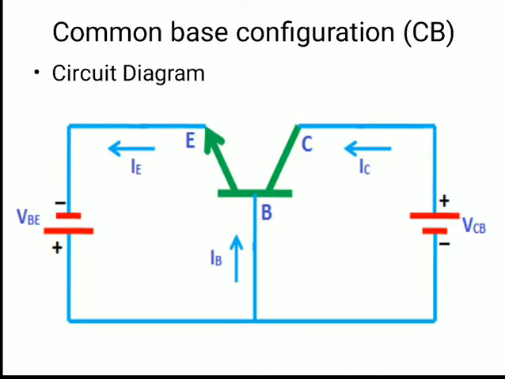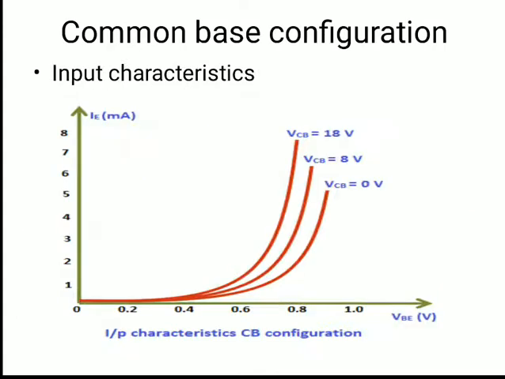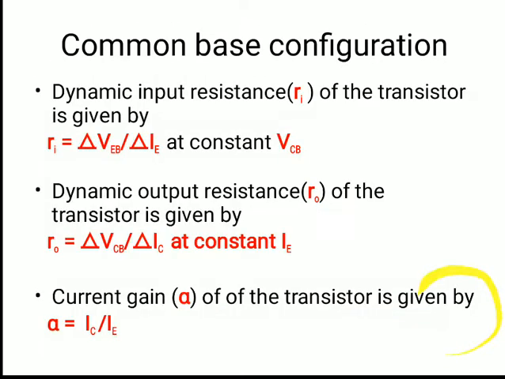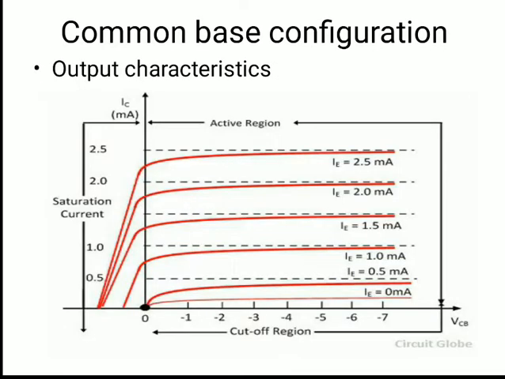And then we will change this VCB and we will get the reading of IC. Okay, so that means in the output characteristic we will get the relationship between VCB and IC, right? So you can see here on the x-axis we have VCB, and on the y-axis we have IC.